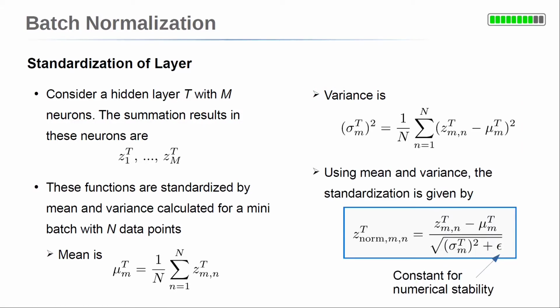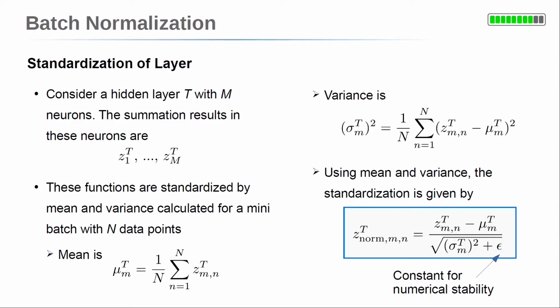So using mean and variance at a neuron, standardization of the corresponding summation for the nth data point is the summation of this data point Zmn minus the mean μm over the square root of the variance plus small epsilon. Note that this small constant epsilon in the denominator is added for numerical stability.